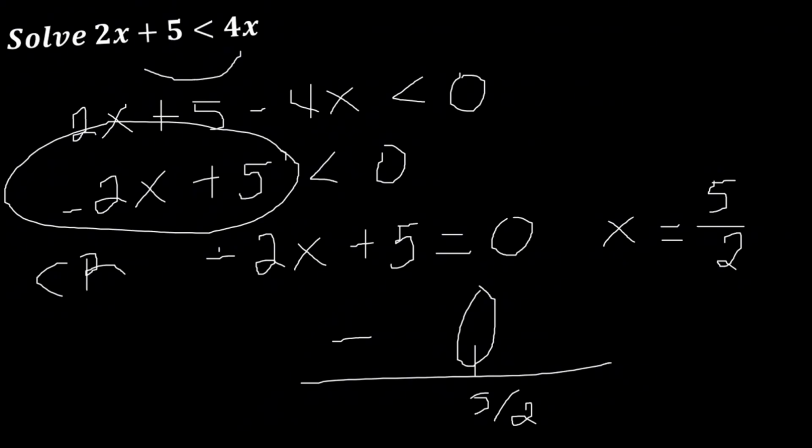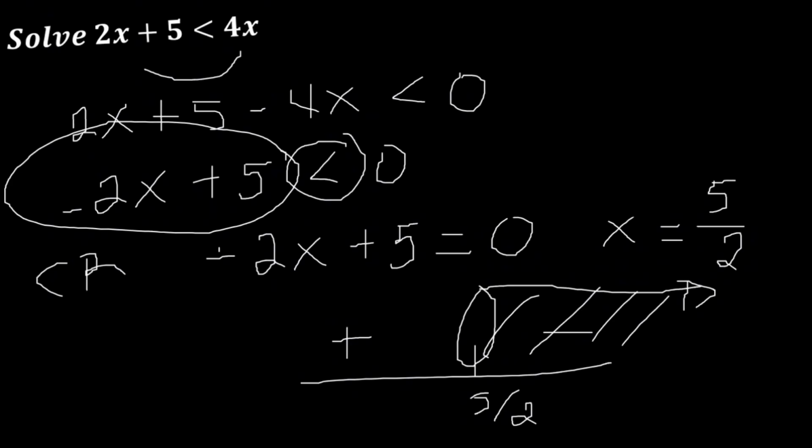If you take a value greater than, like 3 or something like that, and if you take a large number, you are going to have a negative. Since we have less than, we take the negative part. Therefore, the range of values are x greater than 5 on 2.